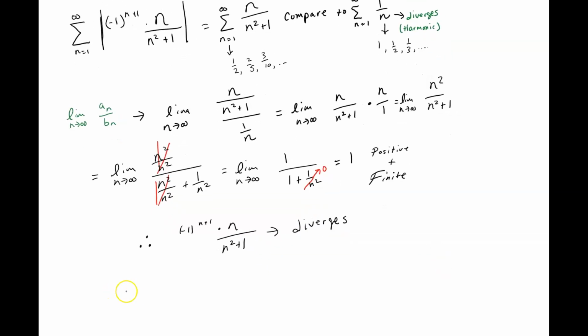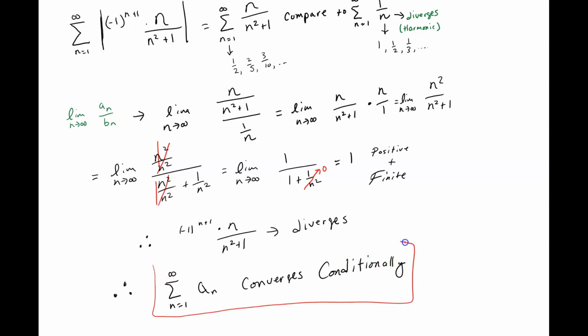So we can then say that this series, a sub n, converges conditionally. That's what we're getting at here: it converges conditionally based on what we have found and identified.